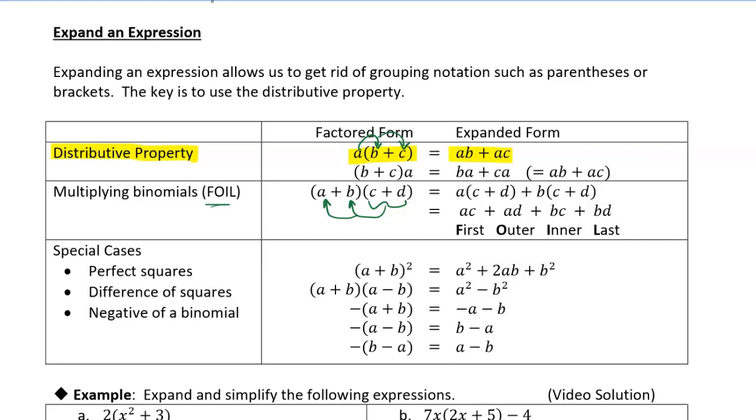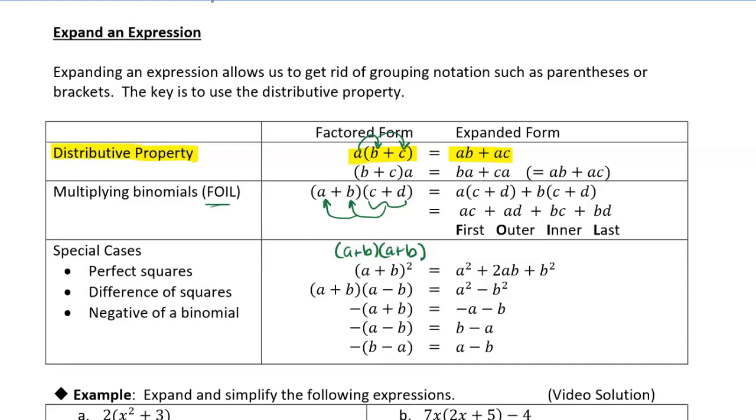All right. And again, with these special cases down here, perfect squares, difference of two squares, negative of a binomial, these are all just applications of the distributive property. So here, with a perfect square, you're just taking A plus B times A plus B and foiling it, essentially. And you end up with A squared plus 2ab plus b squared. All right, so that's just a special application.